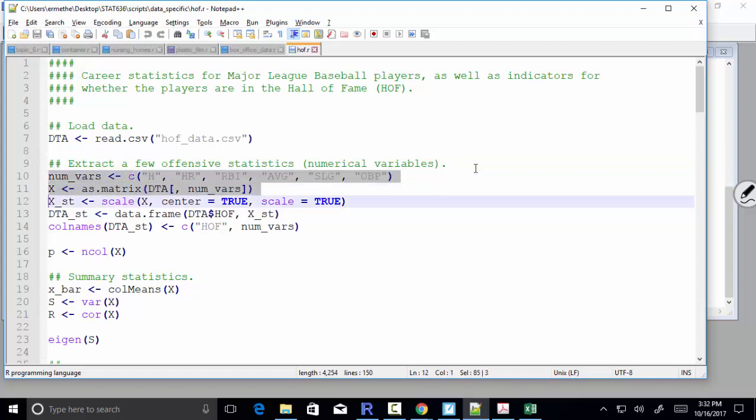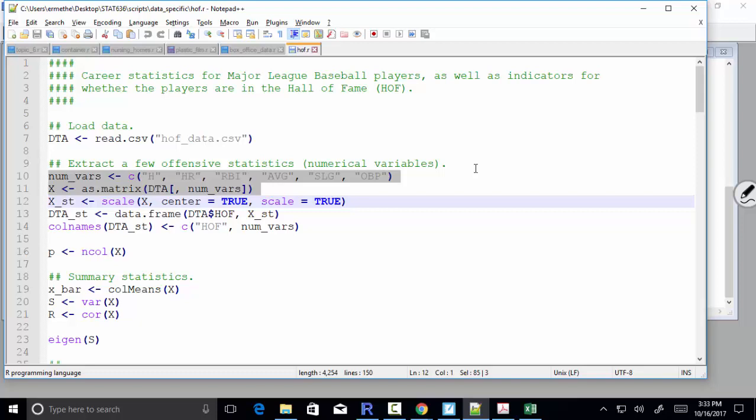So I'm going to create this capital X. Capital DTA that we just read in is a data frame. It has all 1,016 players. And then it has columns for everything we have. We have their names, we have Hall of Fame indicator, a bunch of numeric variables. For PCA, I need to focus on numeric variables. PCA is all about numeric variables.